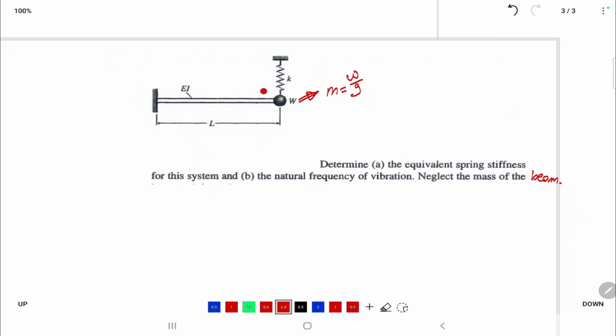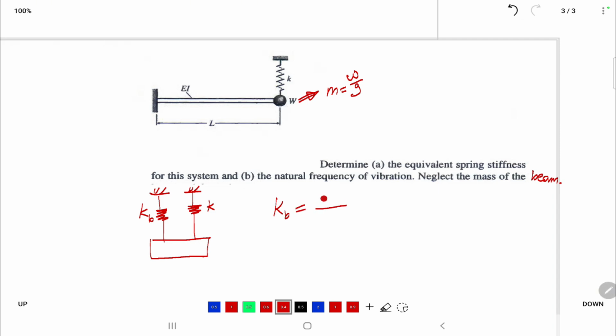Now here I have this spring stiffness and the beam stiffness, and they are in parallel. So this one is for the spring and this one is for the beam. We learned last session that K beam comes from the tables. We highlighted this one and gave one or two examples about it.